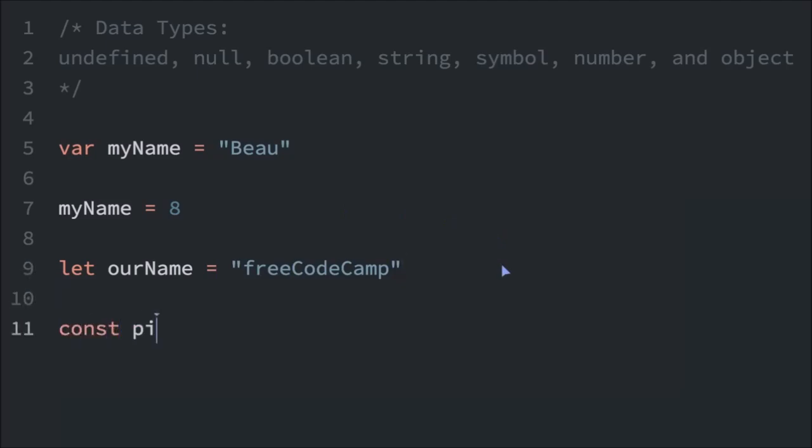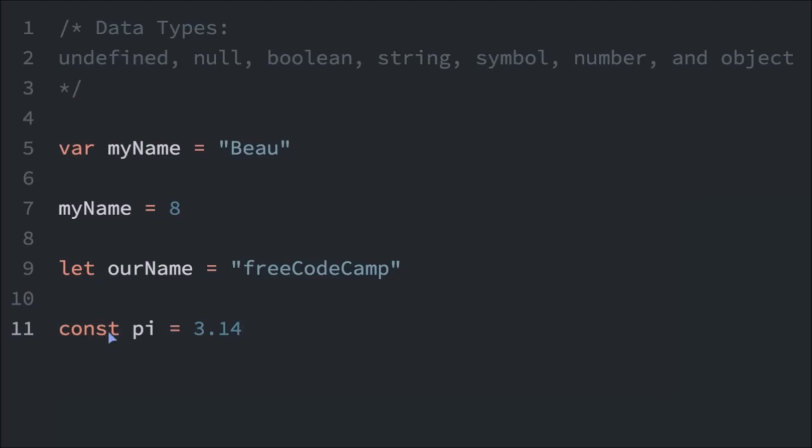So I could do const pi equals 3.14. Now, the difference between var, let, and const: var is going to be able to be used throughout your whole program. Let will only be used within the scope of where you declare that. Now, we're going to be talking about let and const more later, so I'm just giving you a brief overview of what they are now.